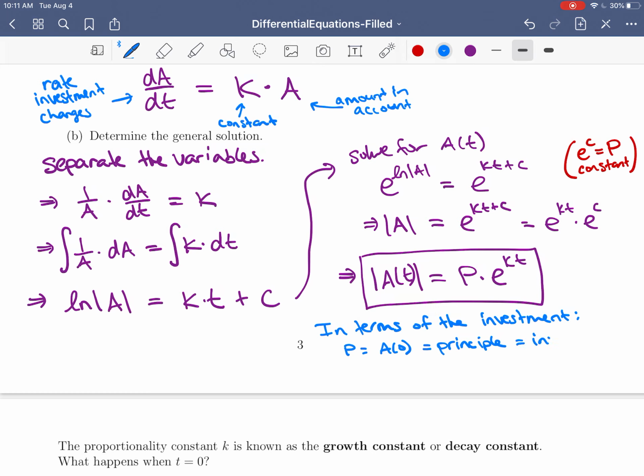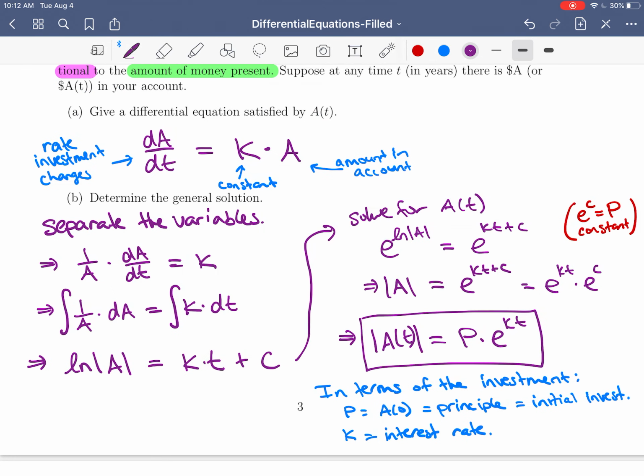It's the initial investment, the amount that you put in initially. And k actually ends up being the interest rate on your account. You don't have to know that, but that's what ends up happening. The rate that your amount changes is proportional, and the proportionality constant is actually the interest rate in this case.